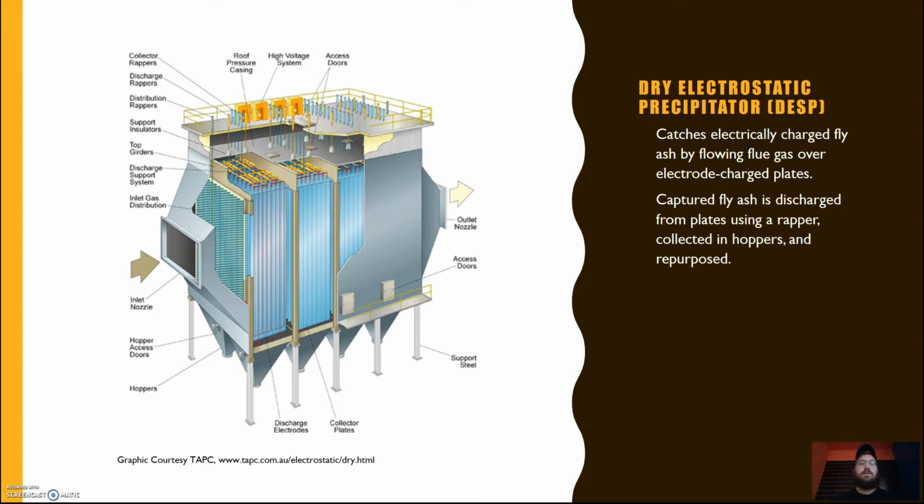This voltage differential causes these plates to be charged, and the charged particulate matter, the fly ash and dust, then coats these plates or tubes and builds up until it is sheared off using some type of rapper, whether a sonic horn or a mechanical vibrating rapper or a hammer strike rapper, to cleave the dust and particulate matter into hoppers, where it is then repurposed or sluiced to a fly ash pond.